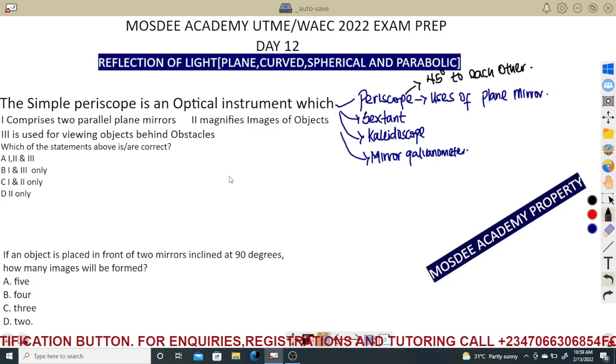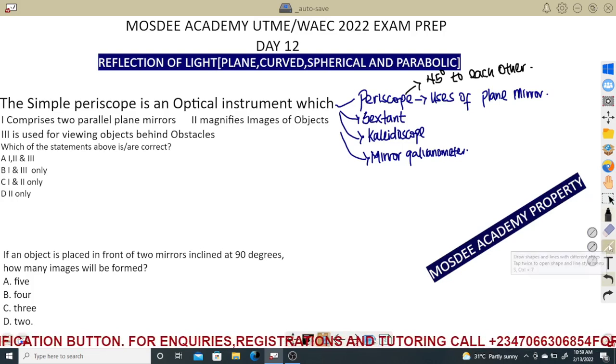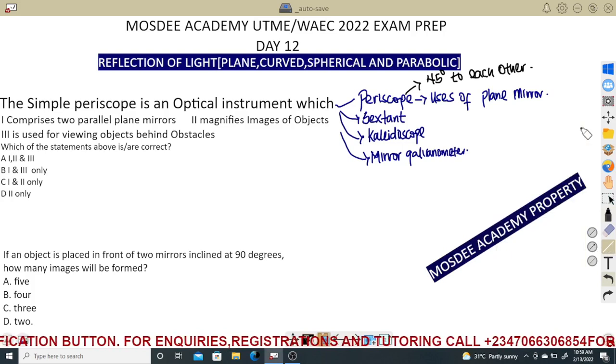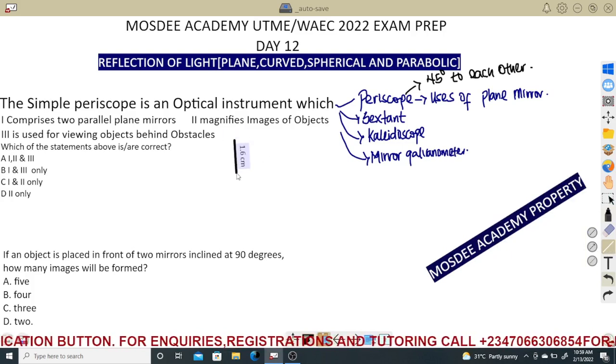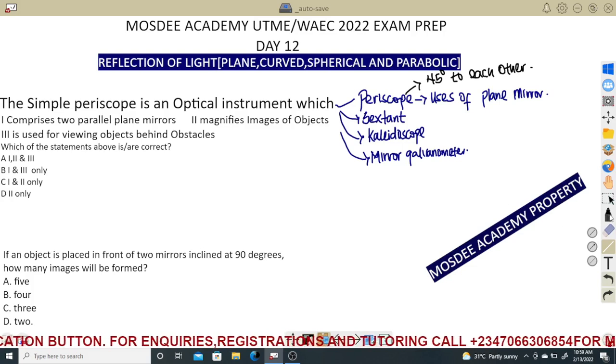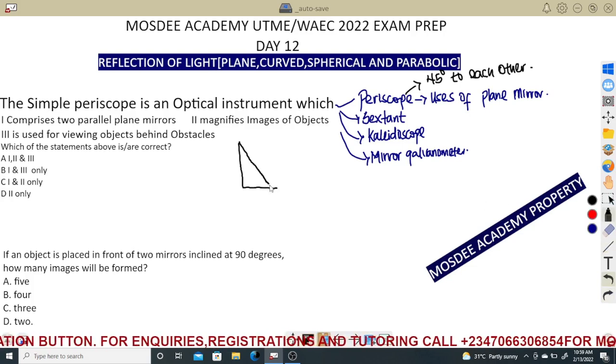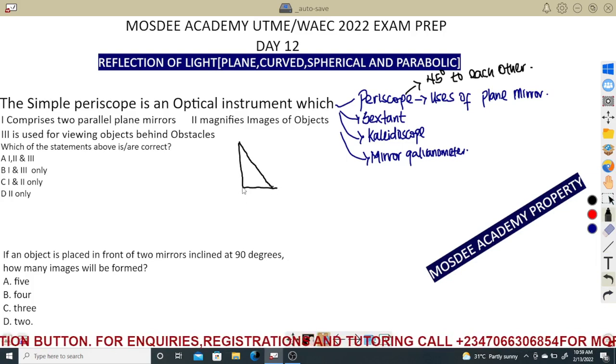It's simple to explain. I don't want to be drawing because of time, but if need be, I will let you know how it is. Let me use a simple diagram, not drawn to scale. You can see the first one at 45.